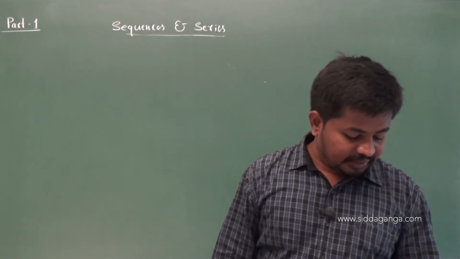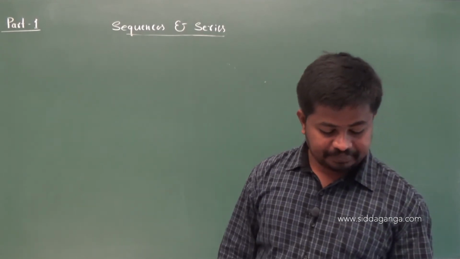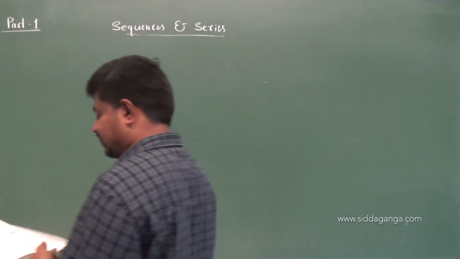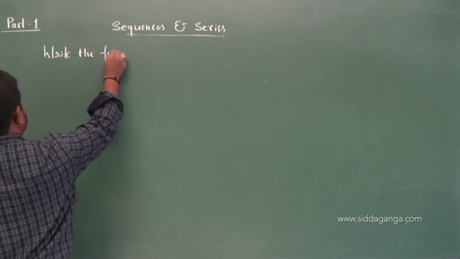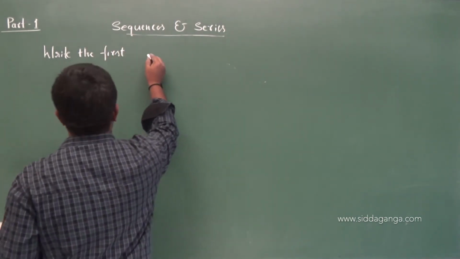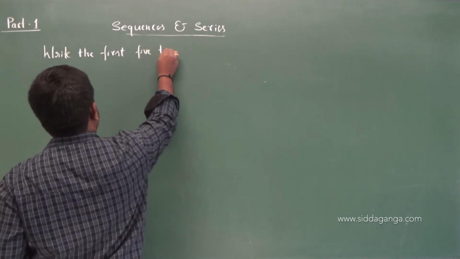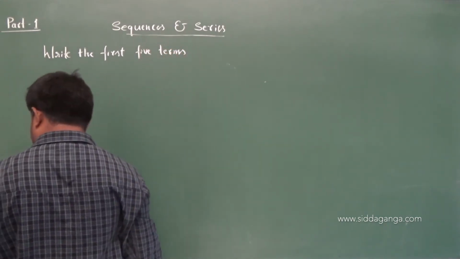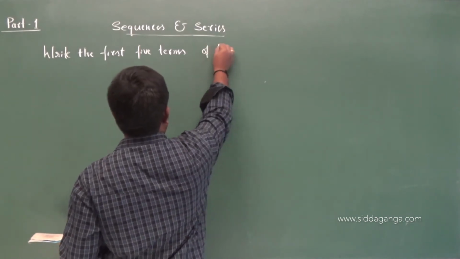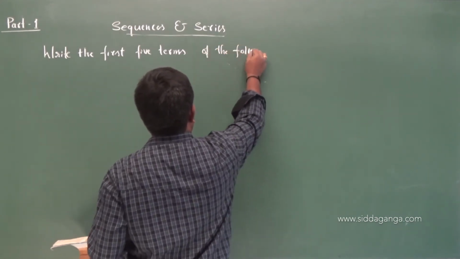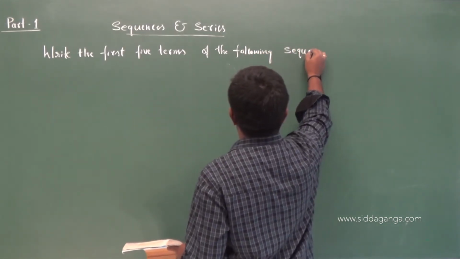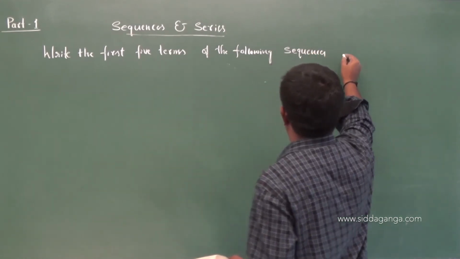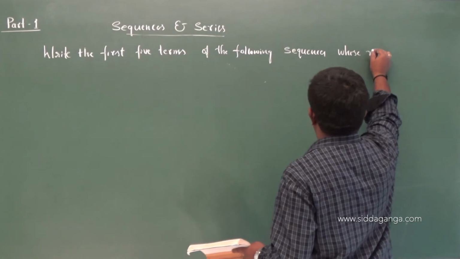Here, write the first 5 terms of each of the following sequences whose nth terms are given.